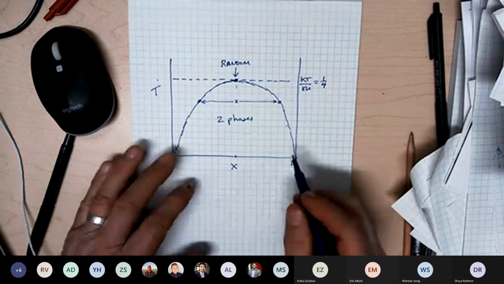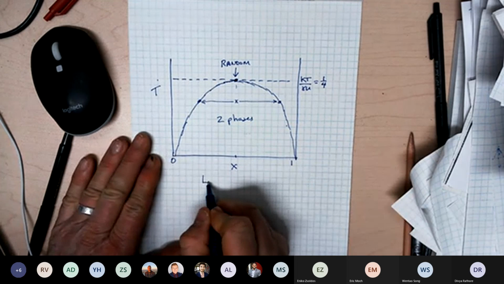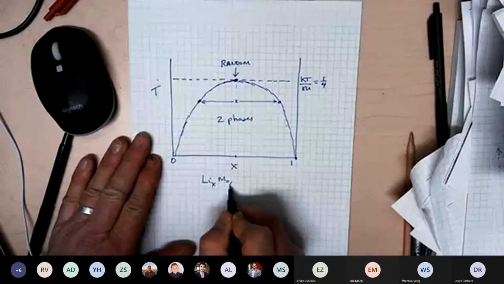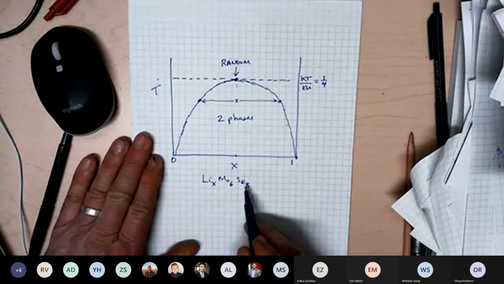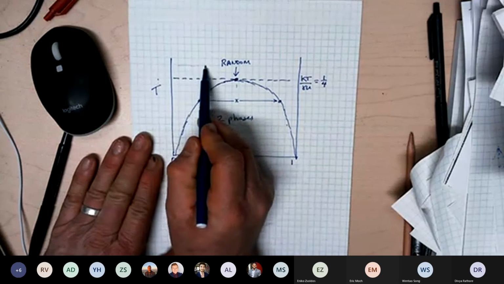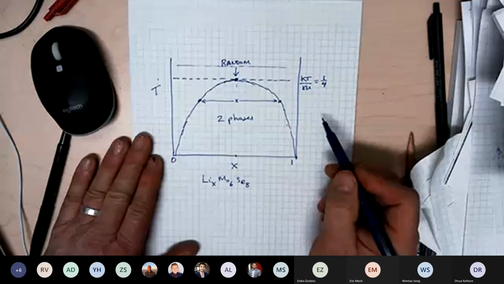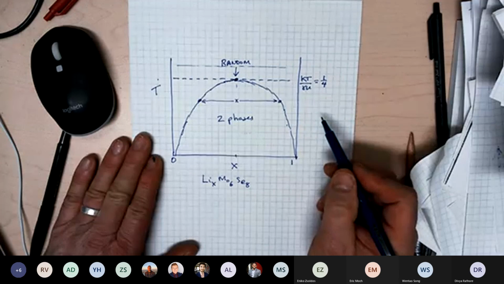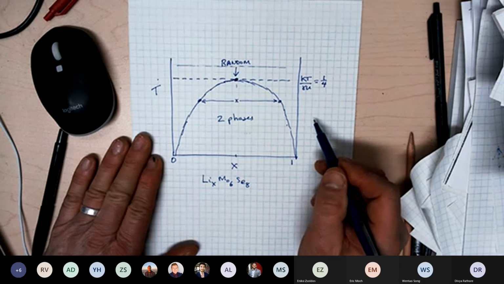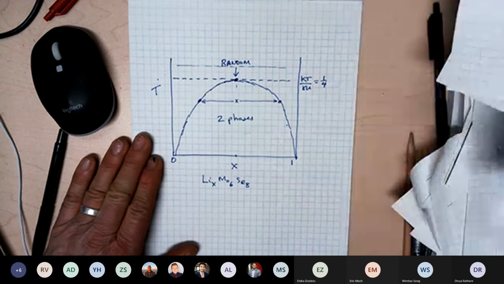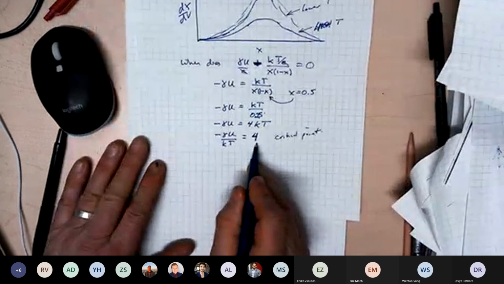But the point of this is, in our consideration of the real system, we were doing experiments at temperatures above the phase separation. And what would be the value of the critical point when minus gamma u over kT equals 4?